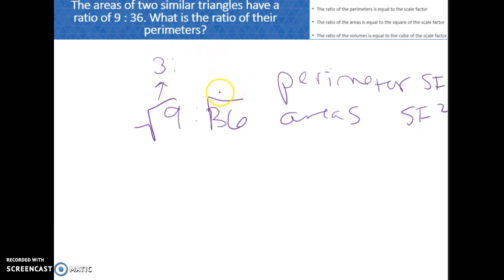Square root of 9 is 3. Square root of 36 is 6. Because we start with area. To get back to perimeter, you have to find just the scale factor, not the scale factor squared, which is what the ratio is for the areas. All you do is square root it. So you're just trying to get back to the original scale factor. You had the scale factor squared because it was area.